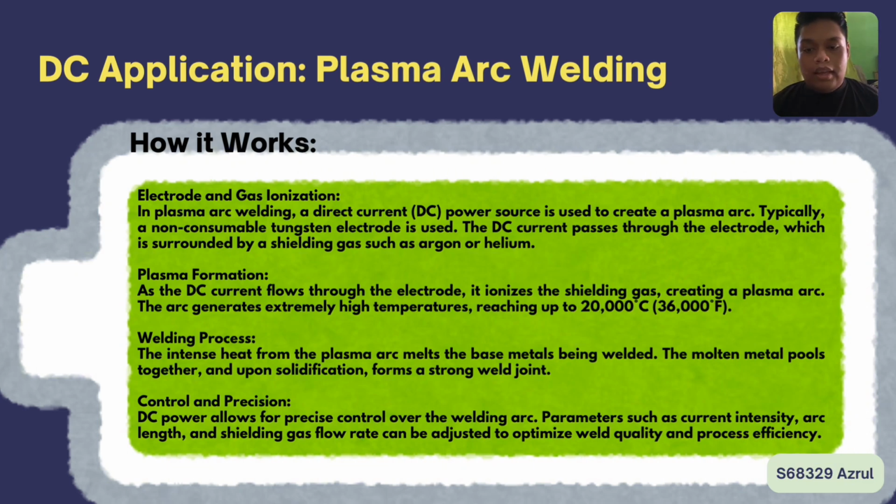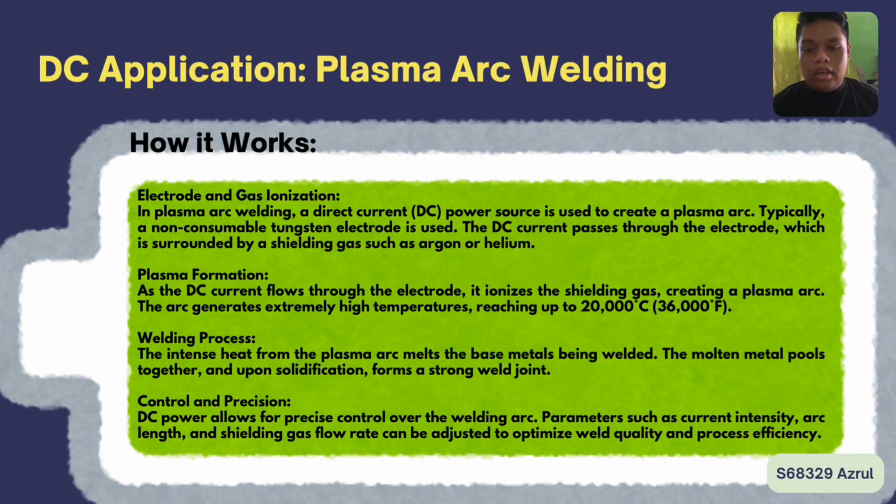And then second, plasma formation. As the DC current flows through the electrode, it ionizes the shielding gas, creating a plasma arc. The arc generates extremely high temperatures, reaching up to 200 degrees Celsius.